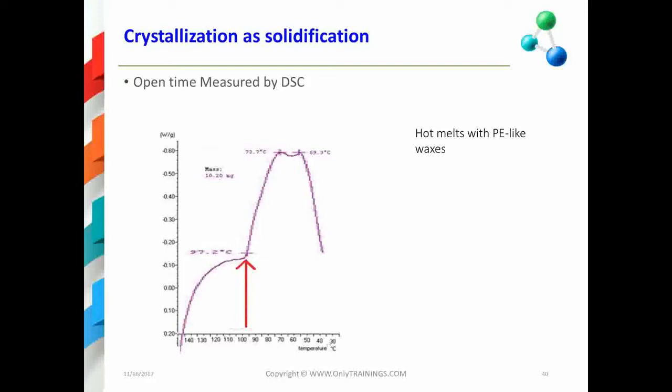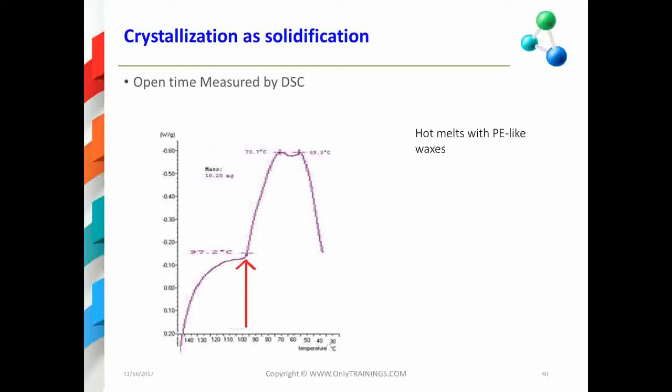If you compare different hot melts which are made with a polyethylene type of wax, and you make a DSC scan of the different hot melts, well, the onset temperature is very related to the open time.